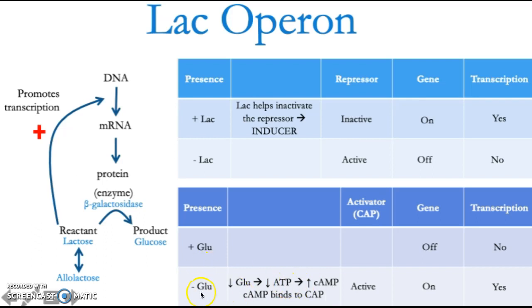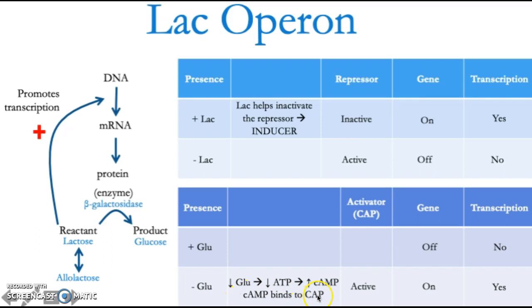What this is saying is that I don't have glucose and my cell is really lacking on energy, which means somehow I need to start making glucose so that I can get energy. So I need to be able to use my lactose to make the glucose using the enzyme beta-galactosidase. Okay, makes sense? So high levels of cAMP means let's get this show on the road.